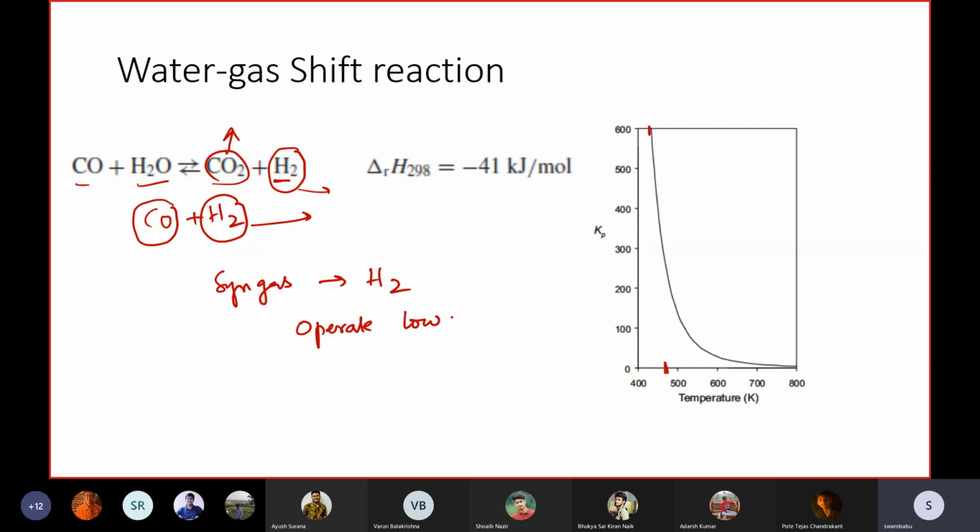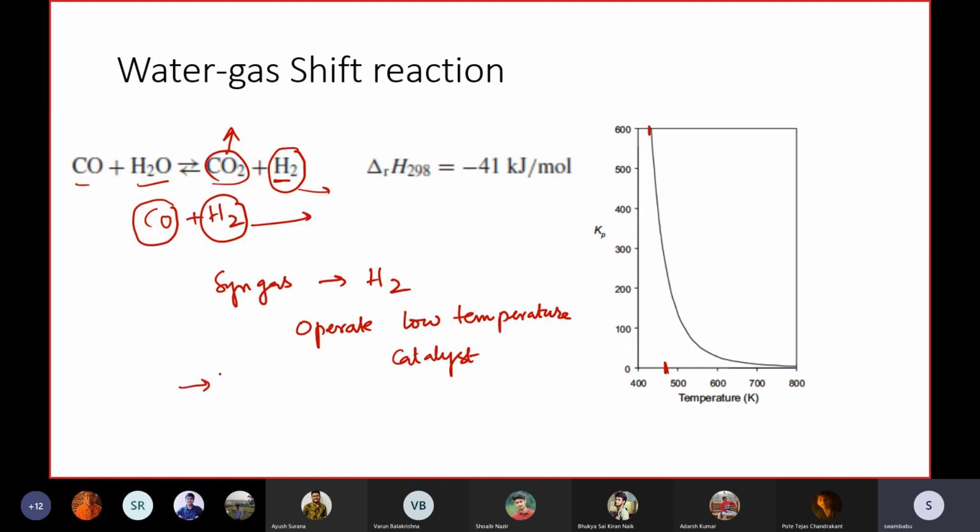Although this is a catalytic reaction and the catalyst needs to be activated at high temperature, hydrogen generation is still possible because in modern days people have developed catalysts that are active even at low temperature. That's why it is possible to convert syngas to hydrogen even at low temperature.